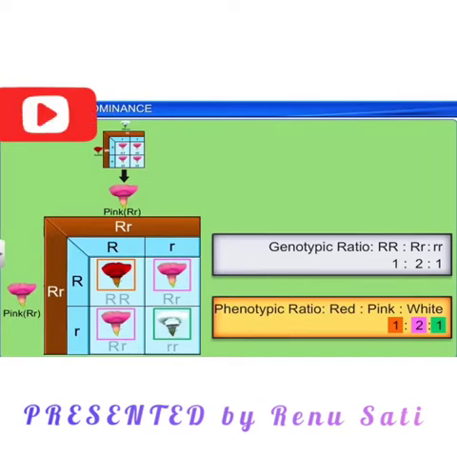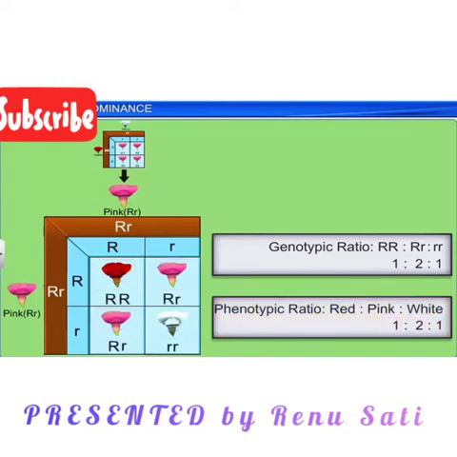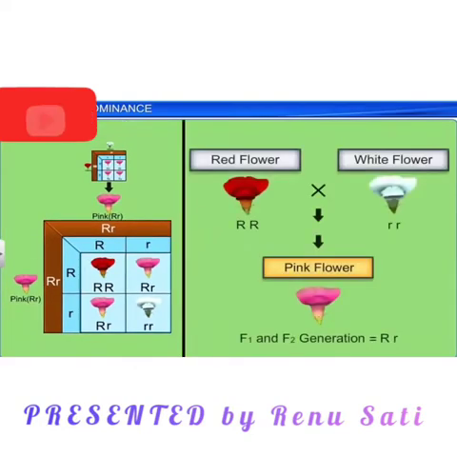However, in the case of Mendel, it was 3:1. So this type of character, where neither the red character nor the white character was able to express itself fully and both are incompletely or partially able to express themselves, is called incomplete dominance.